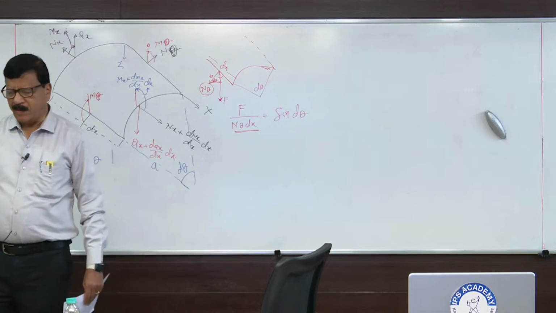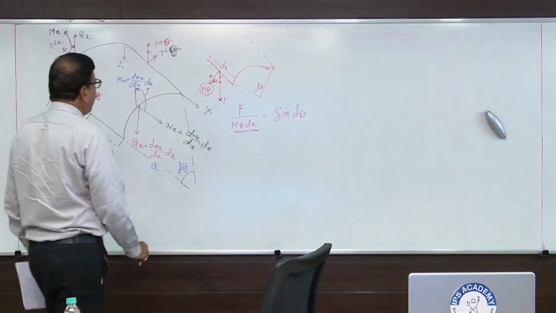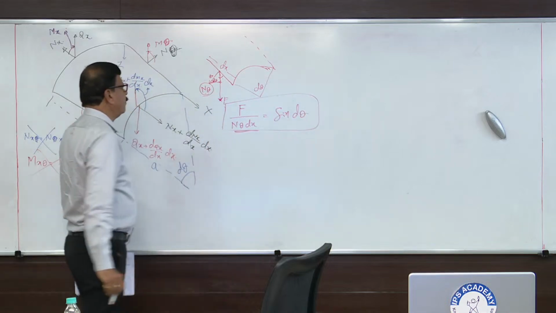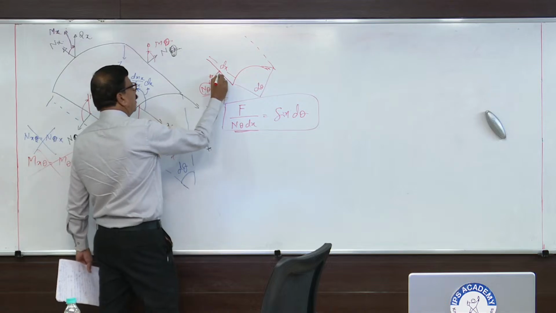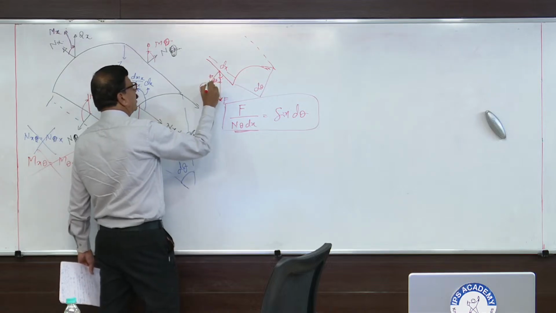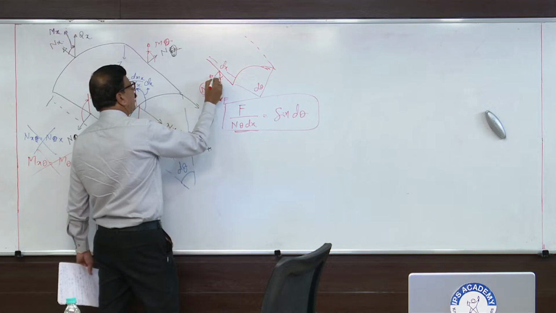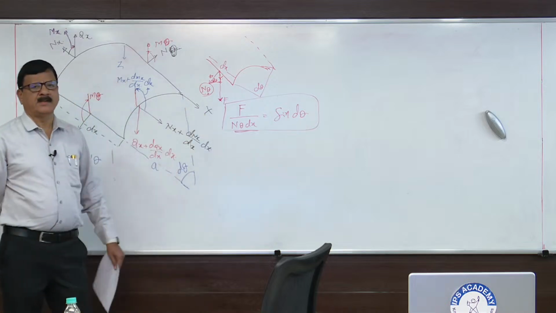So, why is everybody talking about cos theta? Understood? Agree or not? F is the vertical, and this is the force N theta x. So, perpendicular upon hypotenuse is the sin theta, not the cos theta.